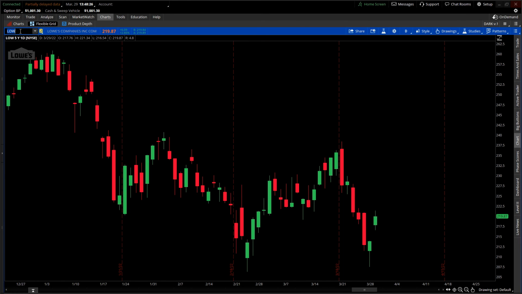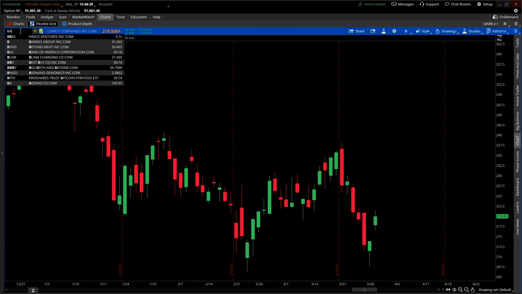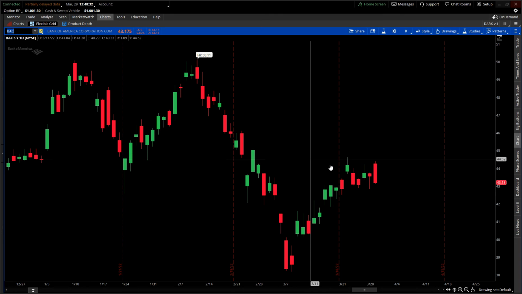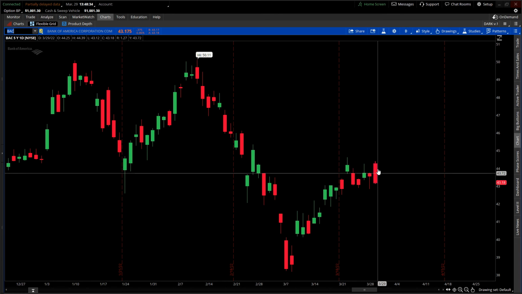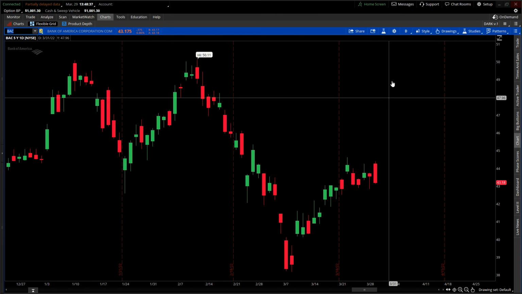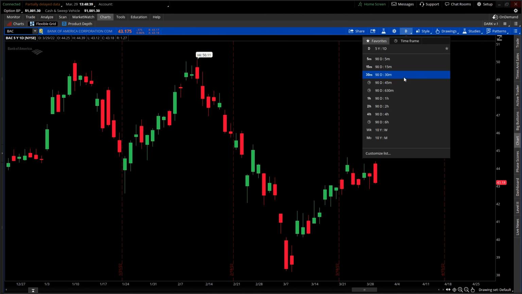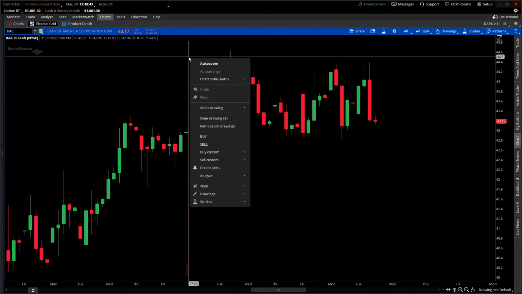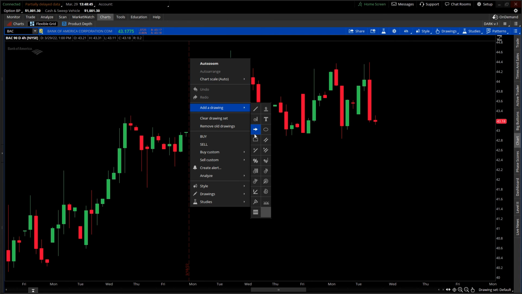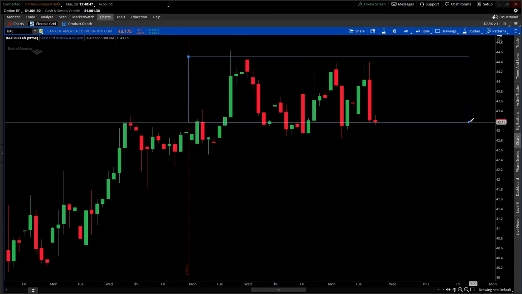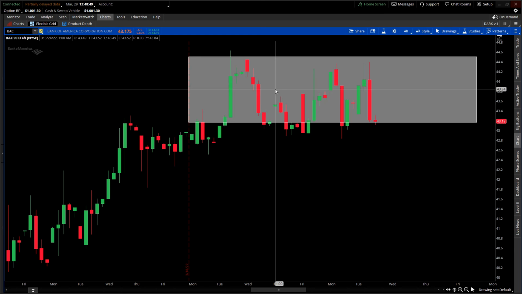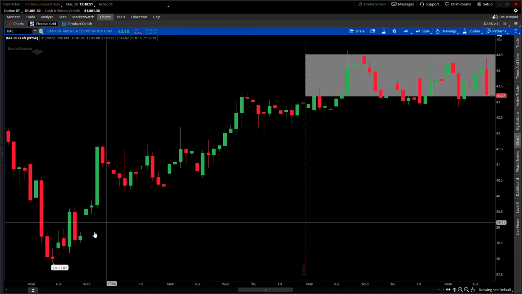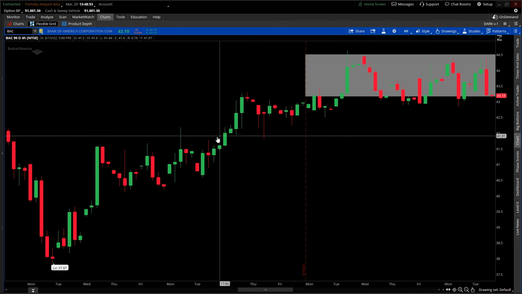Now, regarding Bank of America, BAC, here we have a strong push towards the downside. What stood out was that I was looking at this at the 4-hour time frame, and we can see that price has been ranging inside this gray area right here. So price was pushing up, right?